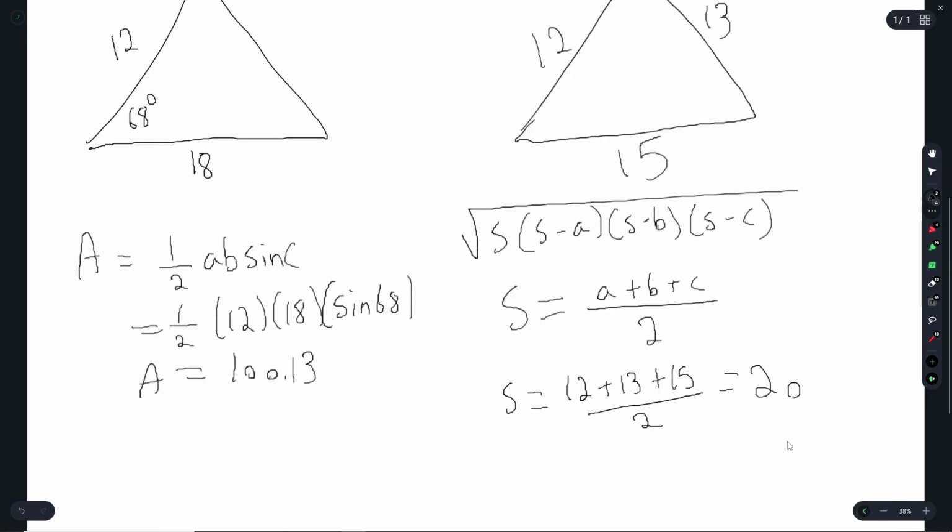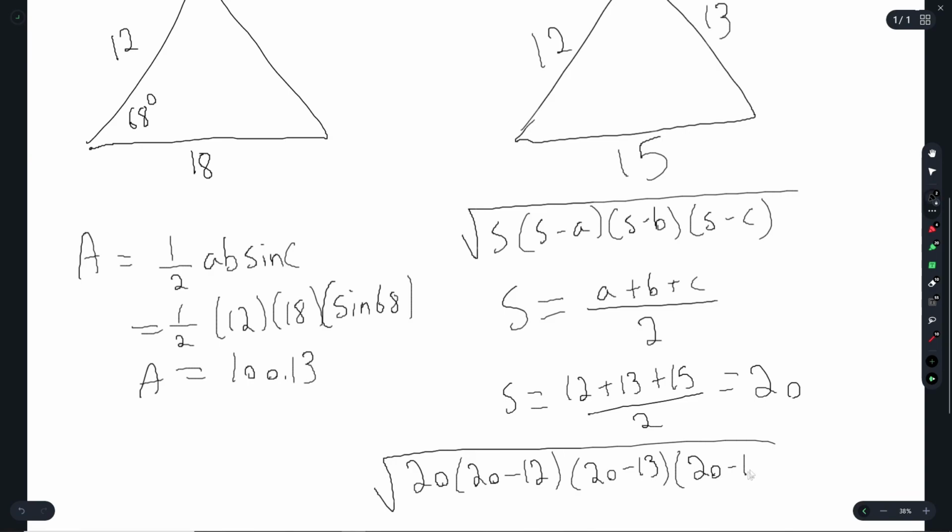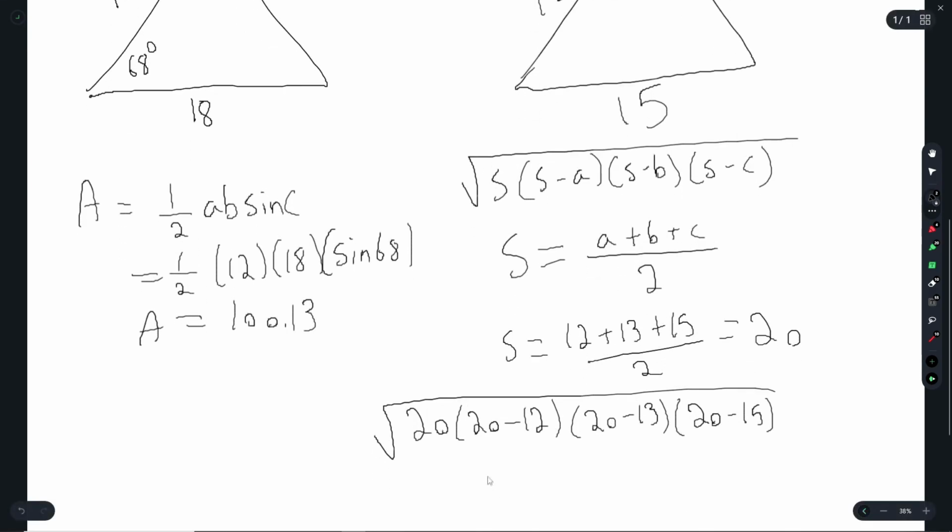Then on the calculator, you do 20 times 20 minus 12, 20 minus 13, and 20 minus 15. So 20 times 8 times 7 times 5. You get 20 radical 14. So A is equal to 20 radical 14.